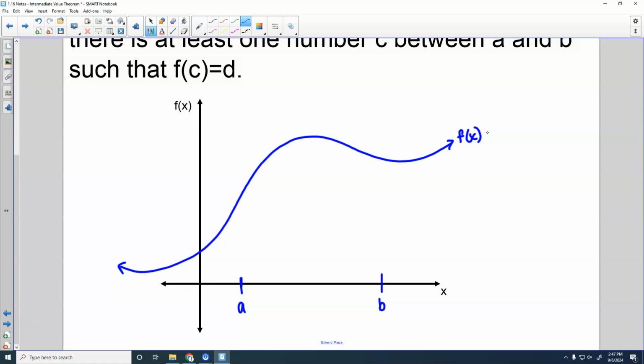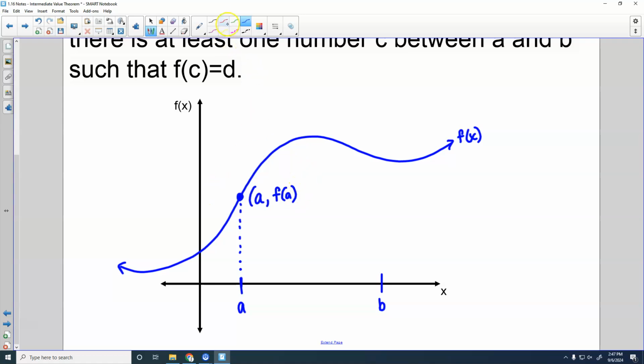Okay. So we're concerned with these two endpoints that we know about, a and b. If I go up here, at this point my x coordinate is a, and I could call my y coordinate f of a.